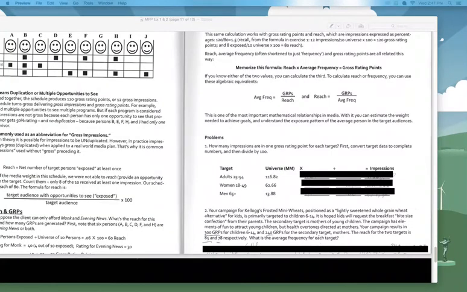The first thing we're looking for is GRPs. This particular problem talks about 2 different populations: kids 6 through 14 years old, and then mothers of young children. So the ideal audience we're looking at are these 2 within our universe.